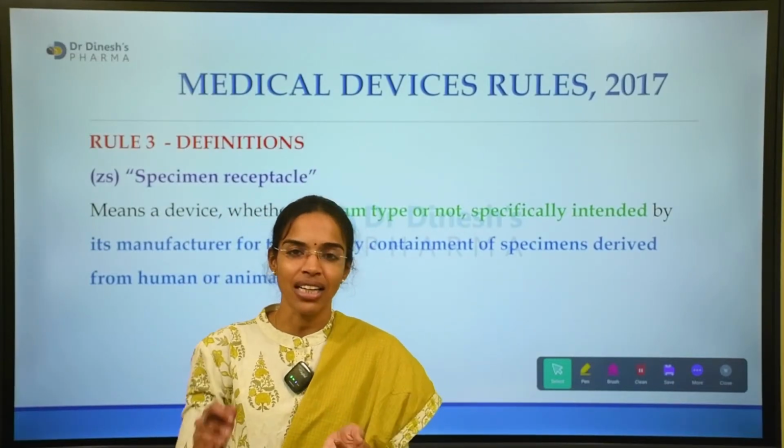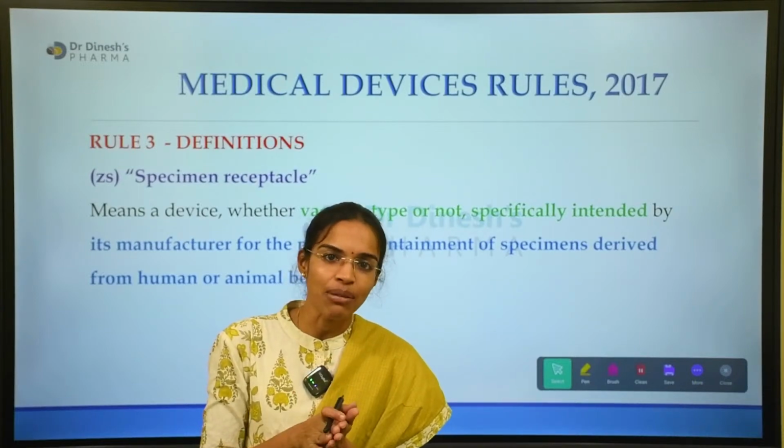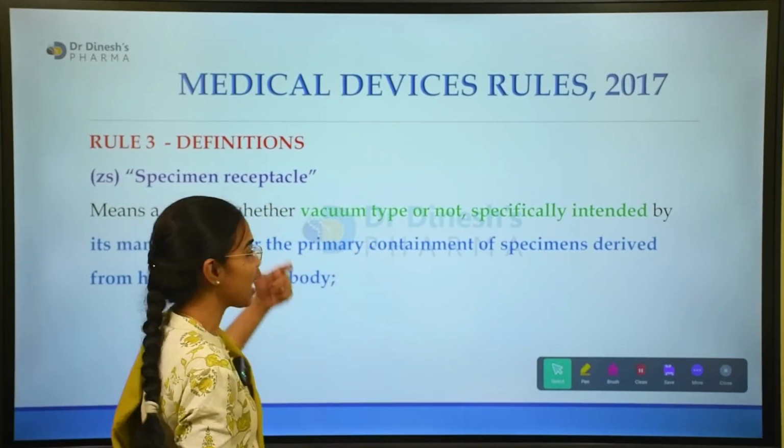Any specific container, vacuum or not, is a specimen receptacle.